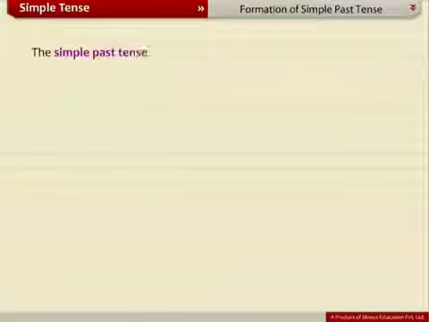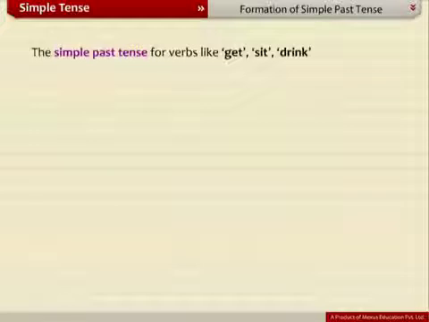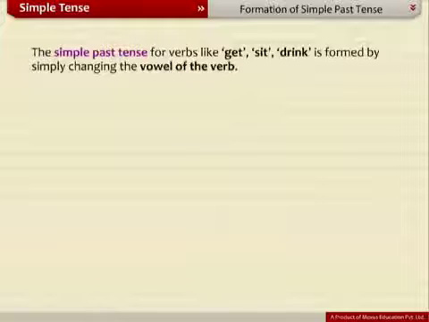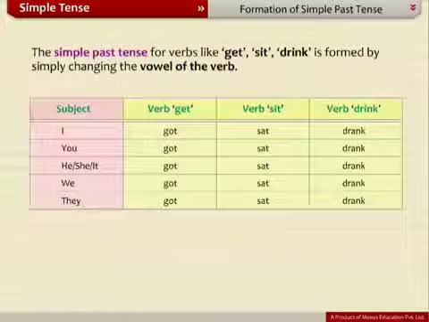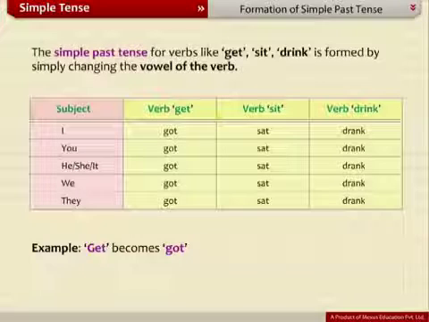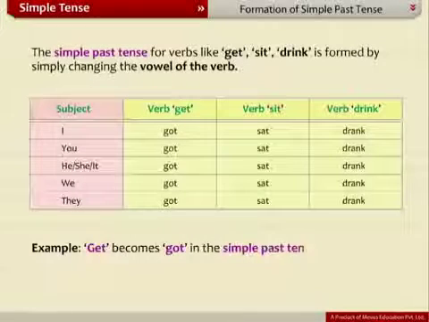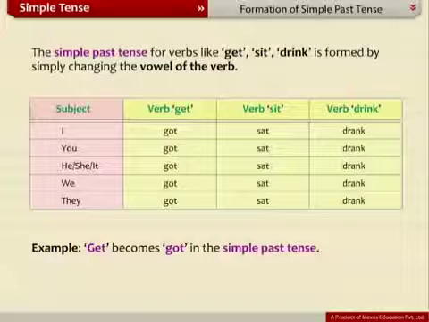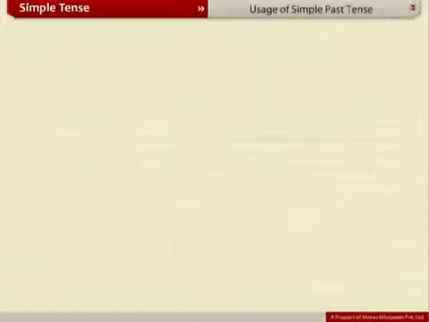The simple past tense for verbs like get, sit, drink is formed by simply changing the vowel of the verb. Here you can see in the table. Example: get becomes got, replacing e with o in the simple past tense. And this is clear to you.